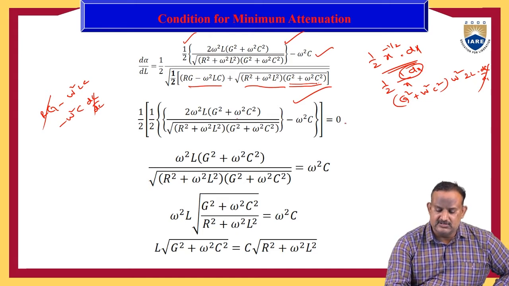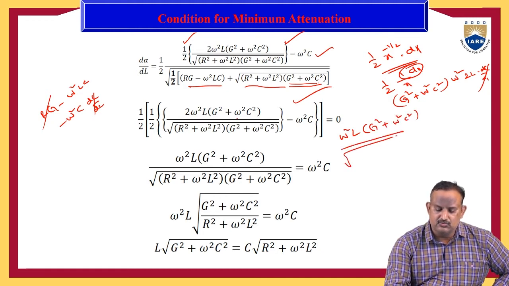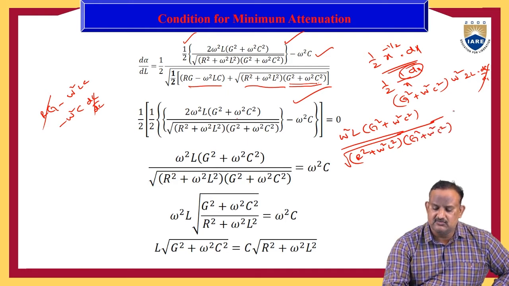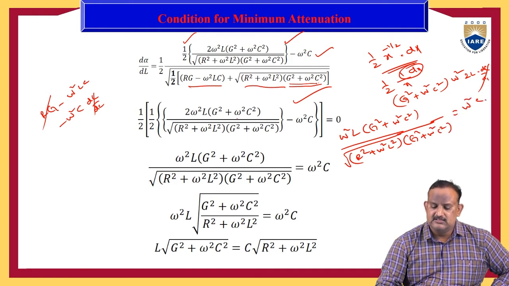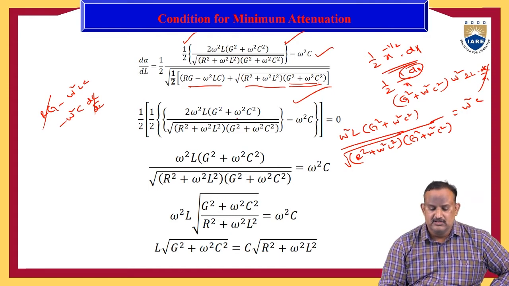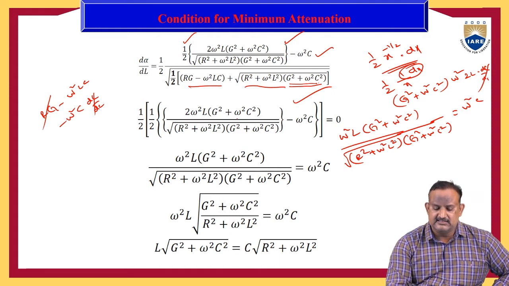So omega square L into G square plus omega square C square by root of R square plus omega square L square into G square plus omega square C square is equal to omega square C. We need to cross multiply the equation and cancel the terms.